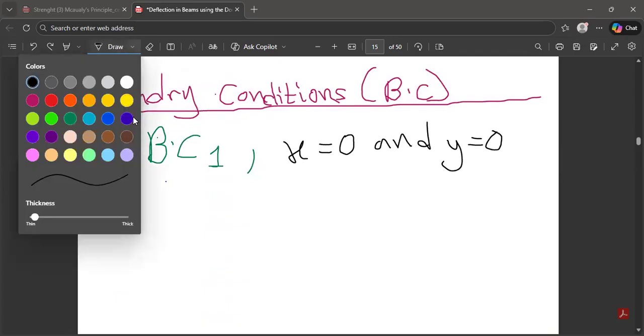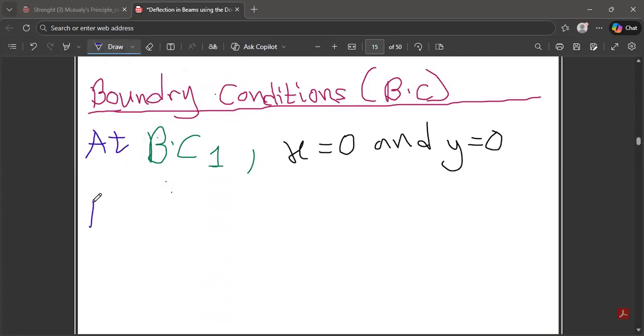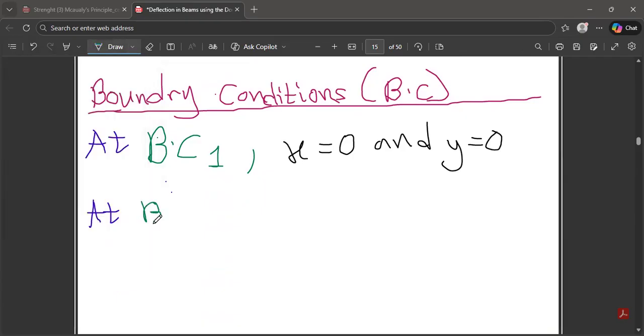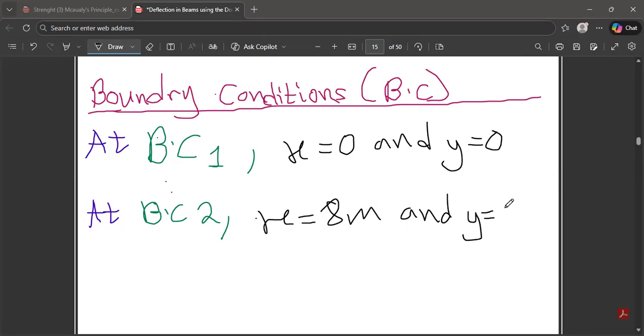And this also implies that at boundary condition 2, our X is equal to 8 meters and our Y, same Y, is equal to 0.